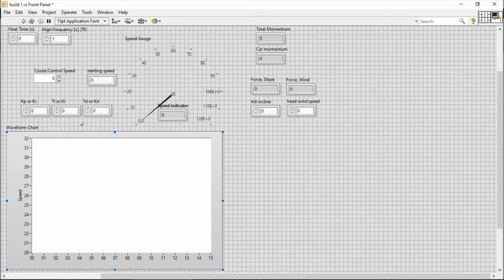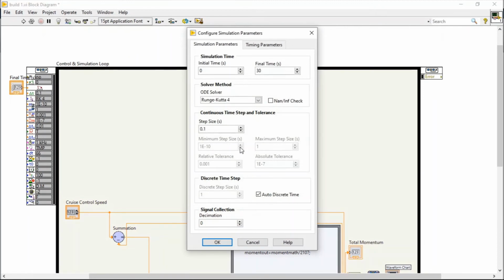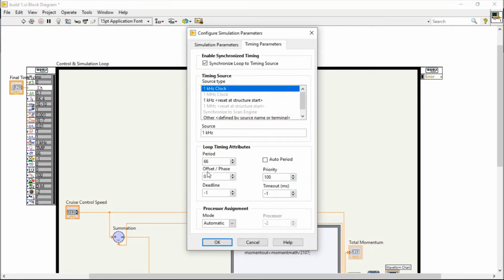To set it up, I used all sorts of different speeds, but the first thing I want to do is make sure I have my time set for 15 seconds. I added this so I could run it up to different time settings without having to constantly come back in here and figure out how I wanted to set everything.